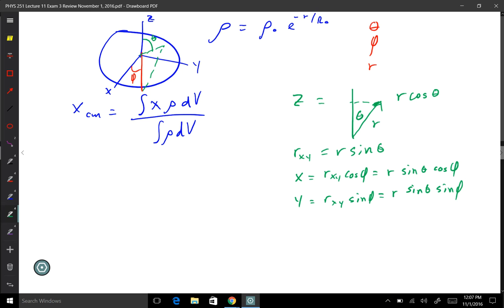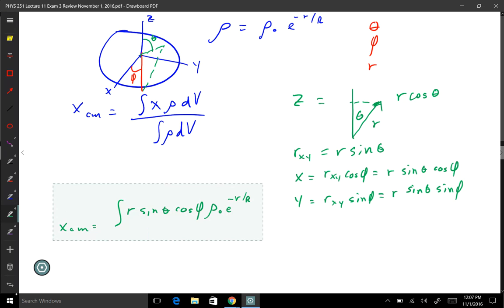So now finding my x center of mass, there was no R0, it's just capital R. And then I have one more piece.